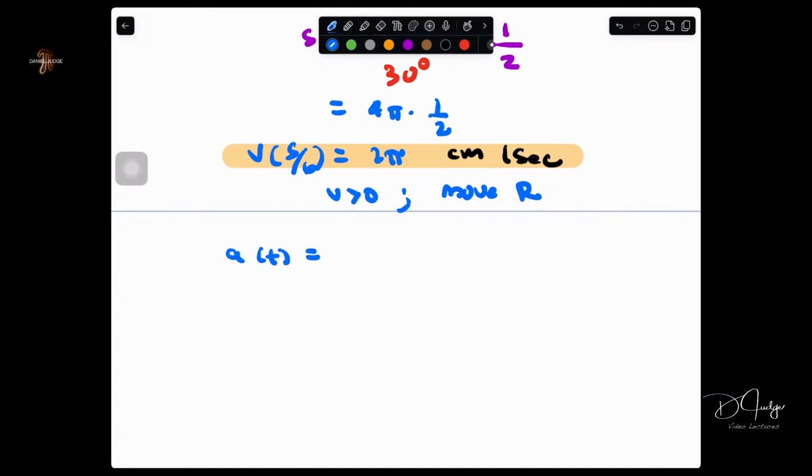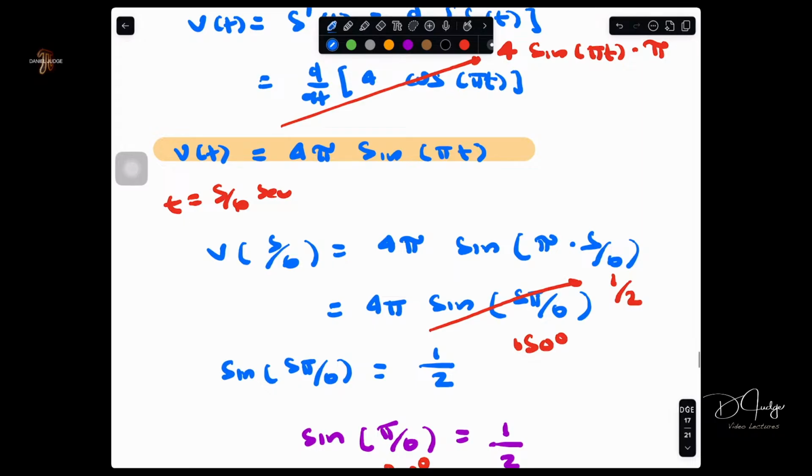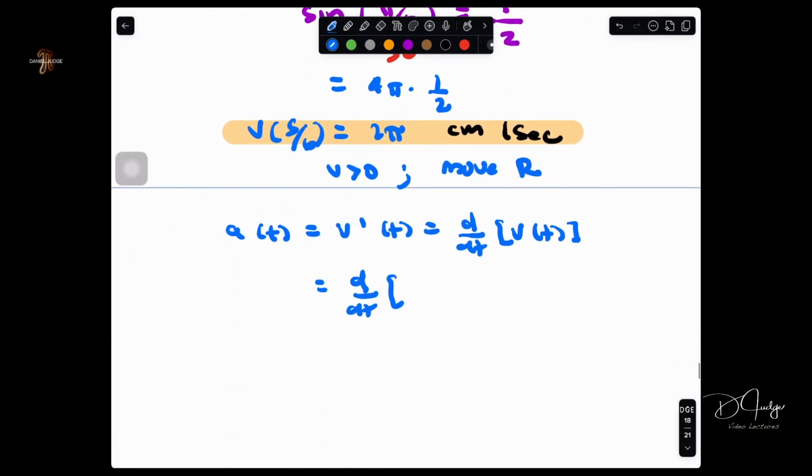So your acceleration now is the derivative of velocity. So let's differentiate your velocity function, 4 pi sine pi t.